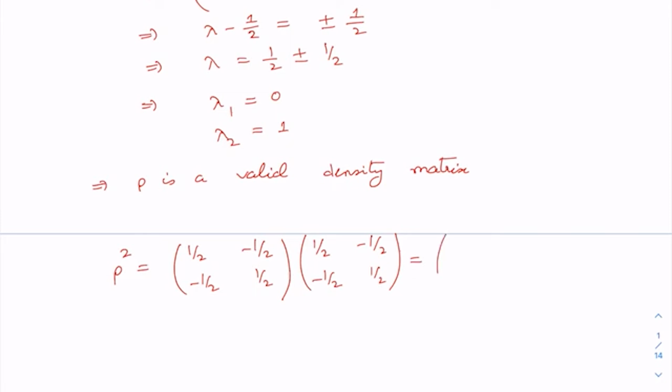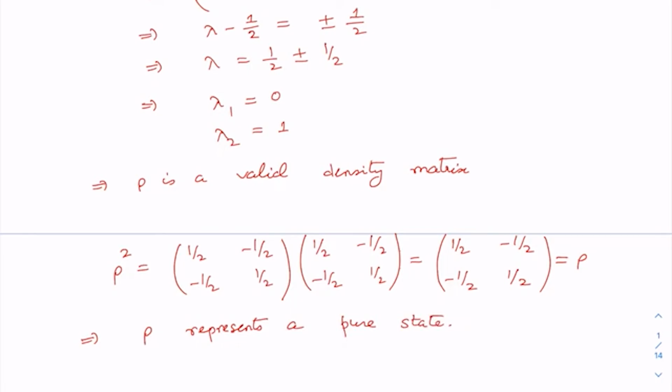If I do it, we'll get half, minus half, minus half, half. So rho square is equal to rho. This implies that rho represents a pure state.